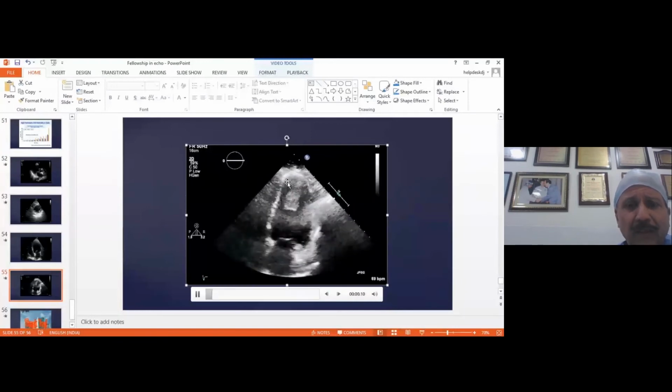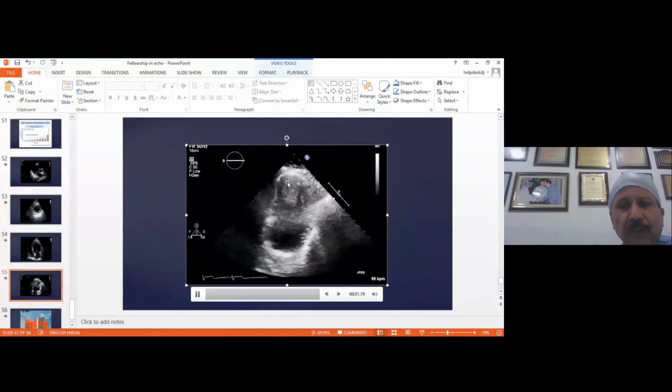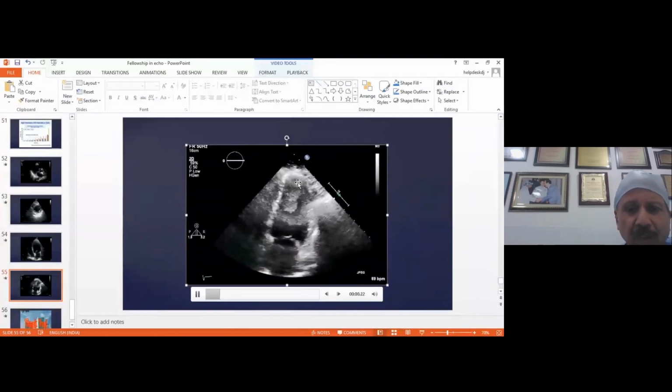So obviously, echocardiography encompasses literally the whole of clinical cardiology. Interventional cardiologists need you. Electrophysiologists need you for ejection fraction.